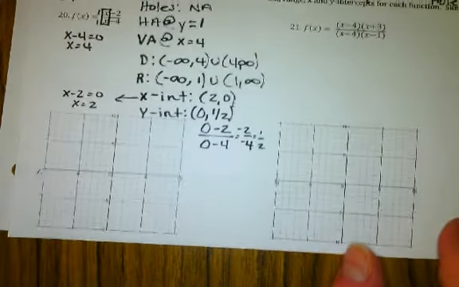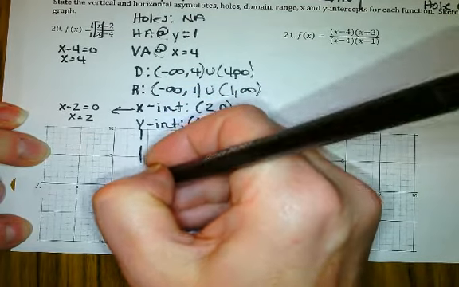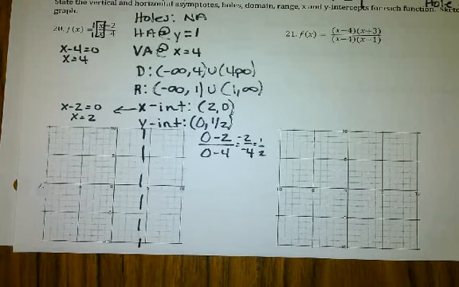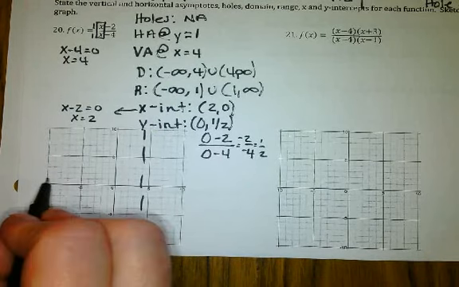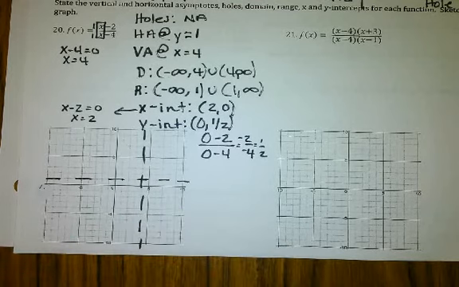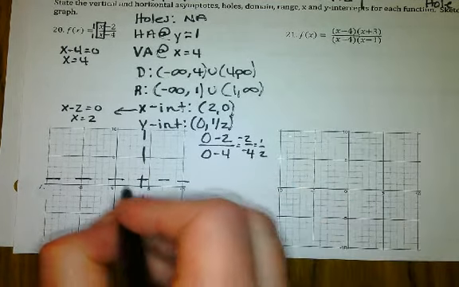Okay, so to graph this, it's really just going to be more of a sketch. So I'm going to put the vertical asymptote at 4. Okay, and then I am going to put the horizontal asymptote at 1. Now, what's nice about this is I also know that I'm going to have an x-intercept at (2, 0).